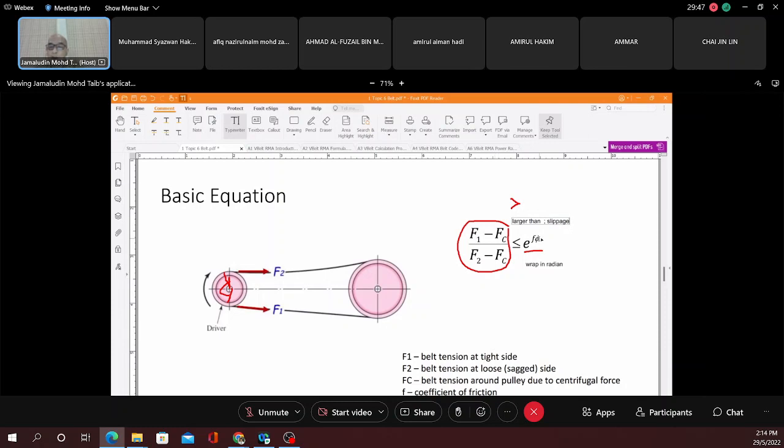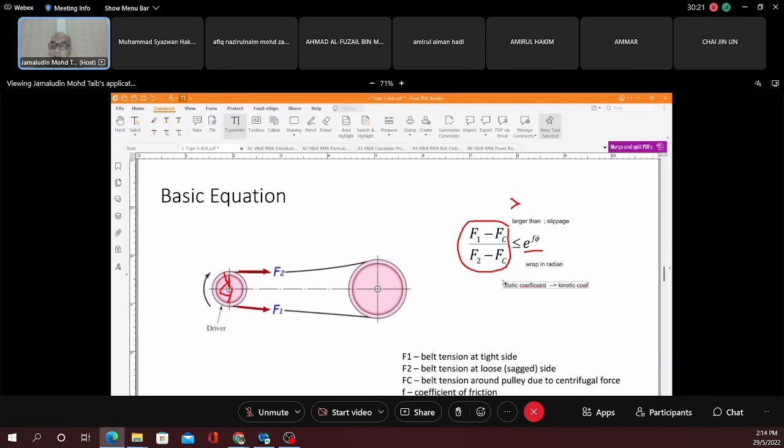Very important, because when there is slippage, the friction changes from static friction, which is higher, to kinetic friction. There is a static coefficient of friction and a kinetic coefficient, and the static value is going to be higher.